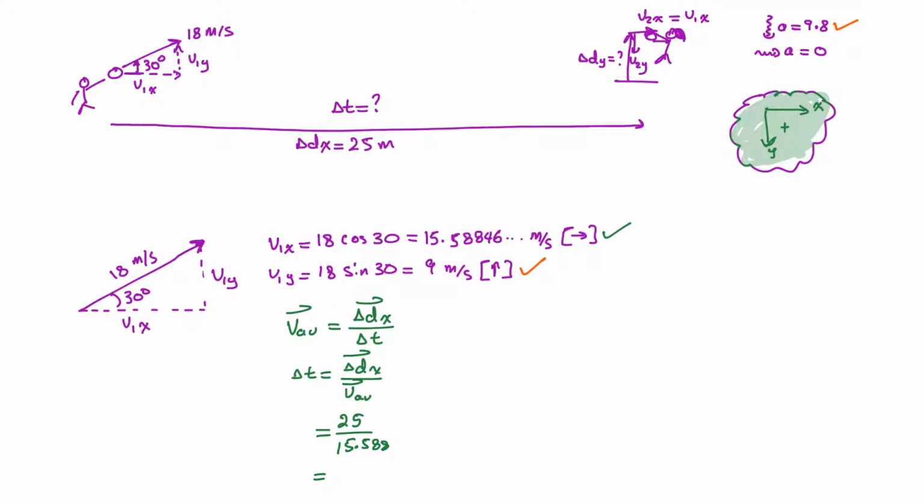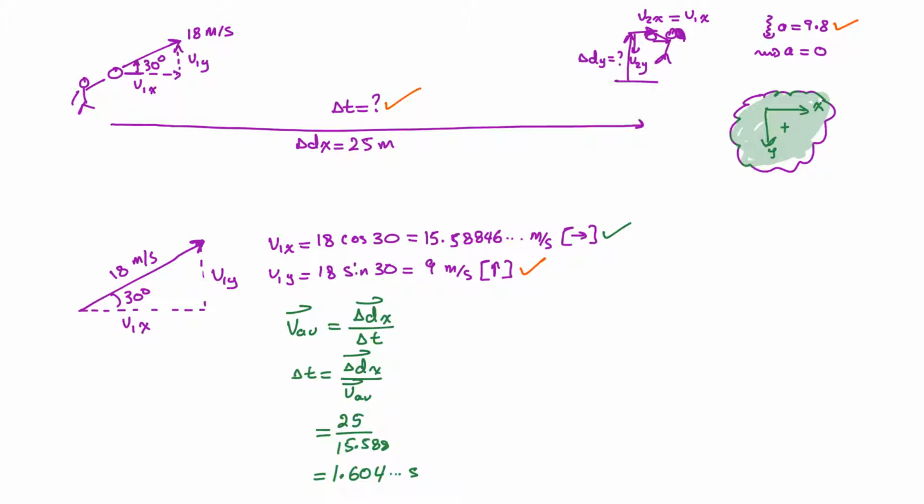Once I plug this into my calculator, I will get my time as 1.604, and I'm just going to round it to this for the time being. When I use it in the next set of calculations, I will use the exact value from my calculator.